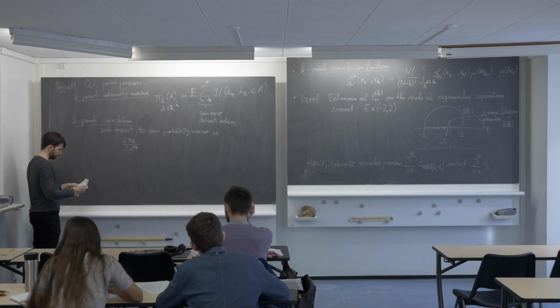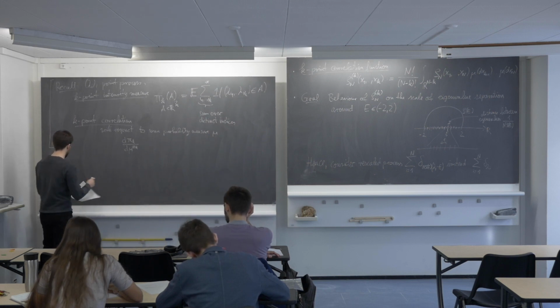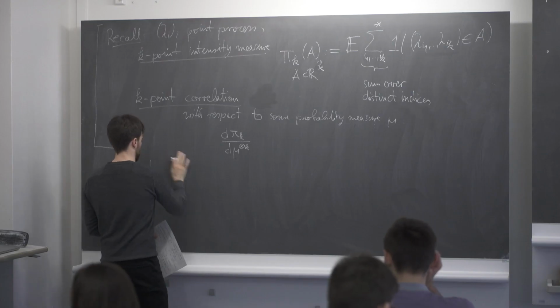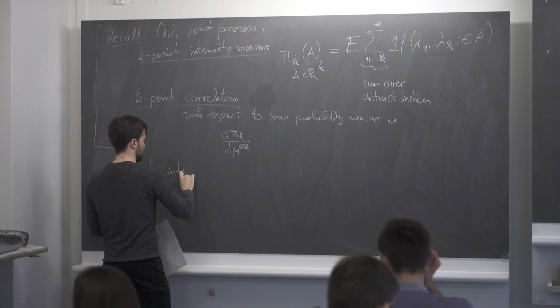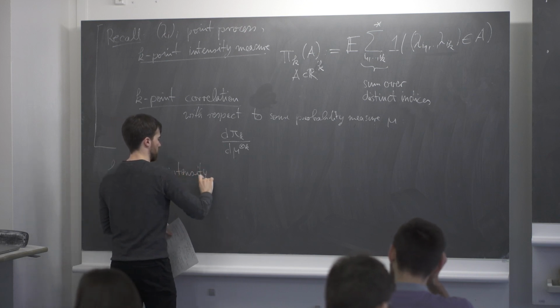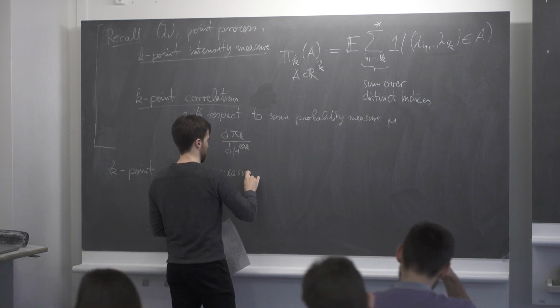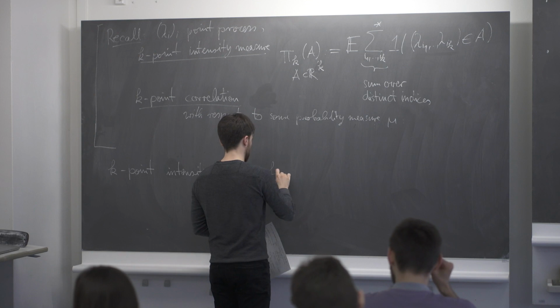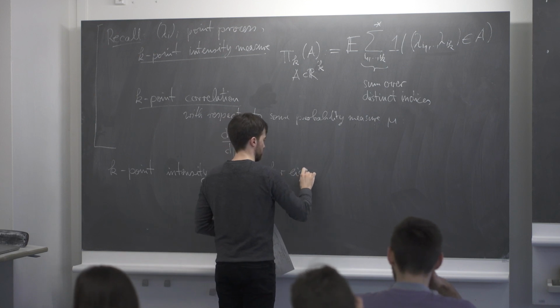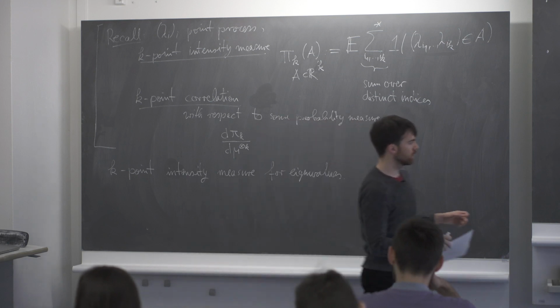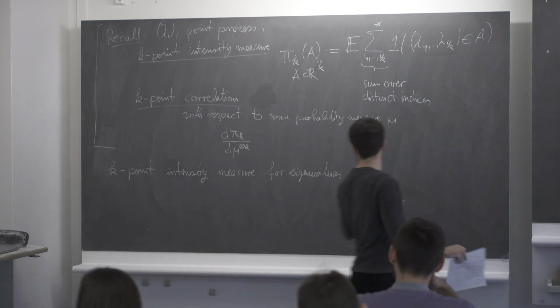And so just to write out the k-point intensity measure, to have an example here, in the case of GUE, I want to give you the k-point intensity measure for the eigenvalues. So this is now the standard eigenvalue process.